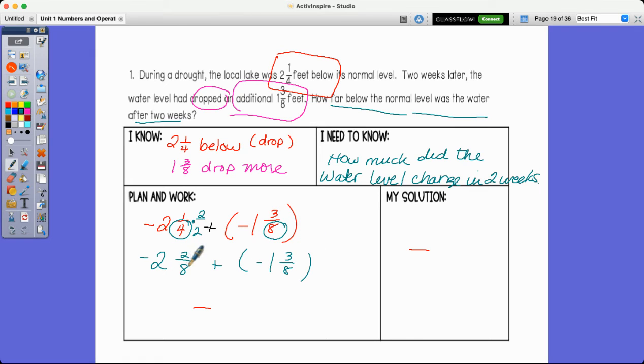Now I'm going to add my fractions. 2 plus 3 is 5. We keep our denominators the same. I didn't go over 8, so I don't have to mess around. And then 2 plus 1 is 3. So my solution is negative 3 and 5/8 feet.